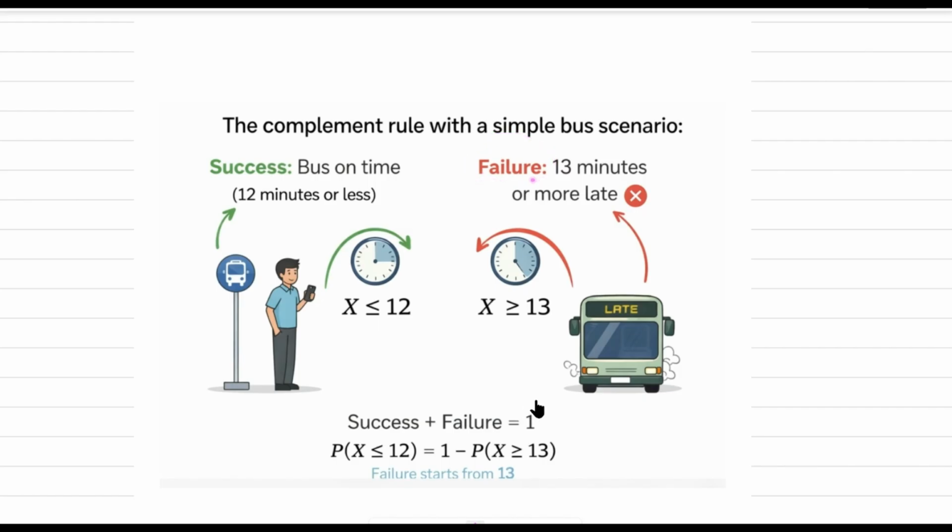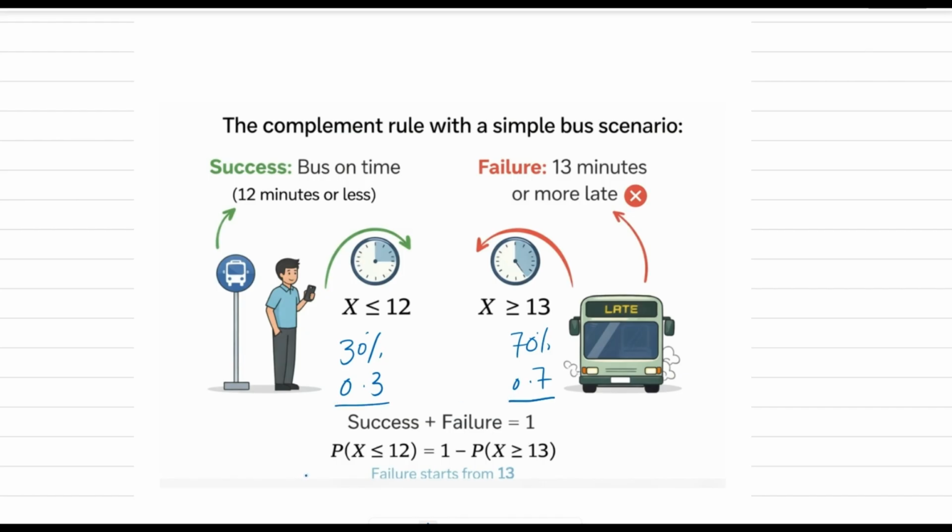And we know that success plus failure must equal 1. So success here equals 1 take away failure. So for example, if the probability of success is 30% or 0.3, and the probability of failure is 70%, you can see here they must equal 1.